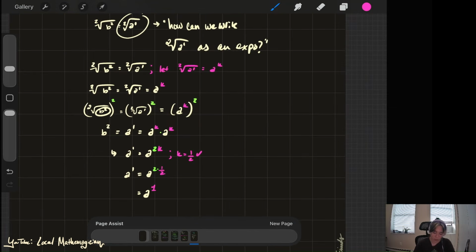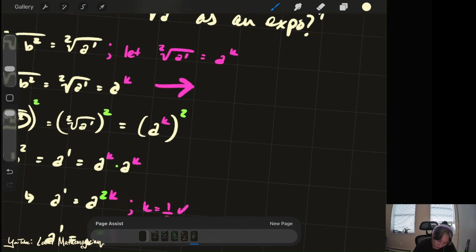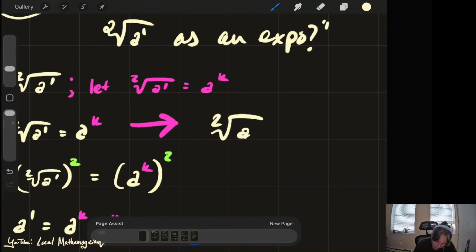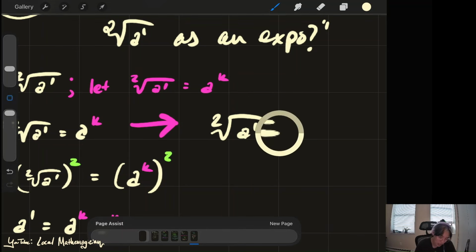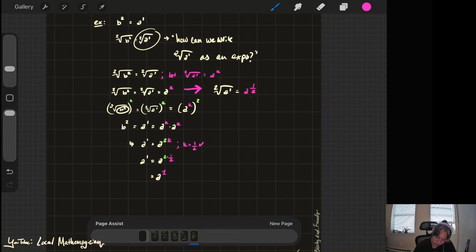And all of a sudden we realize the square root of a to the first, which is the square root of a, if you don't want to be pedantic, is equal to a to the 1/2. Magical.